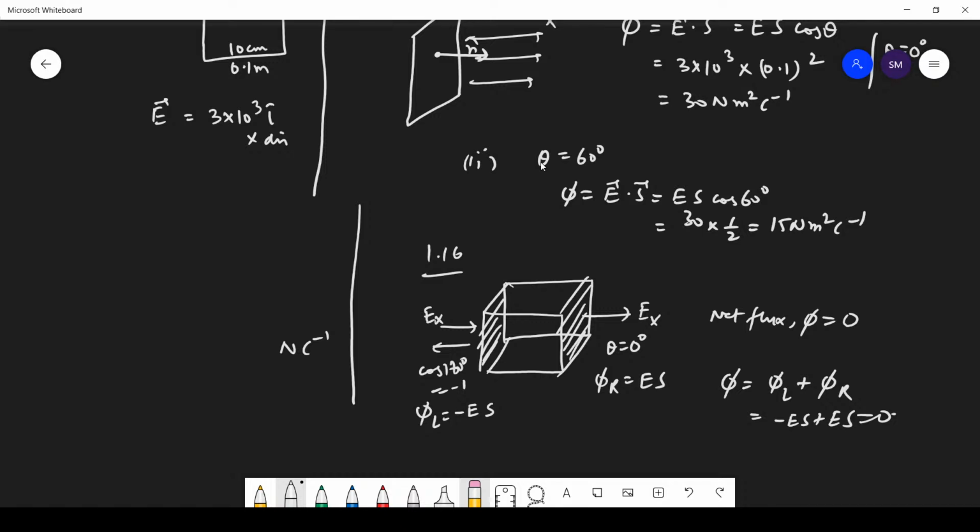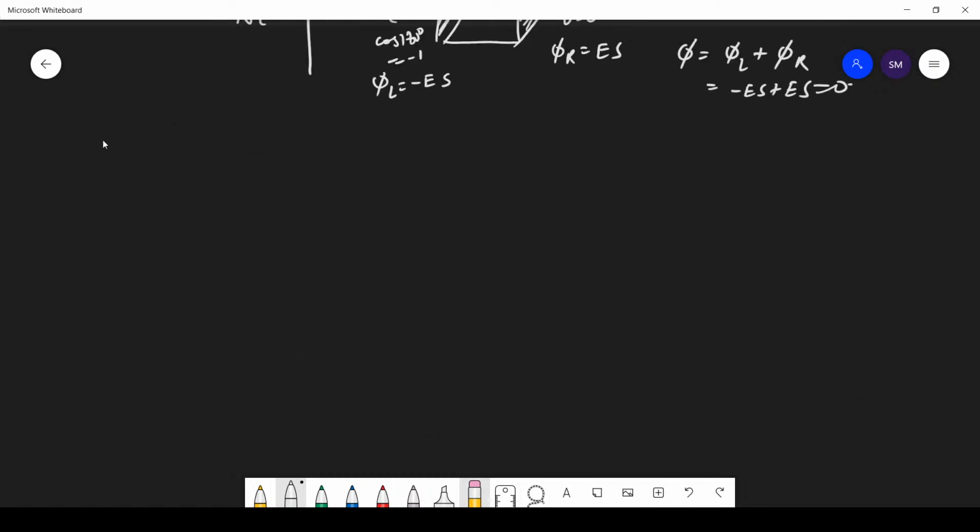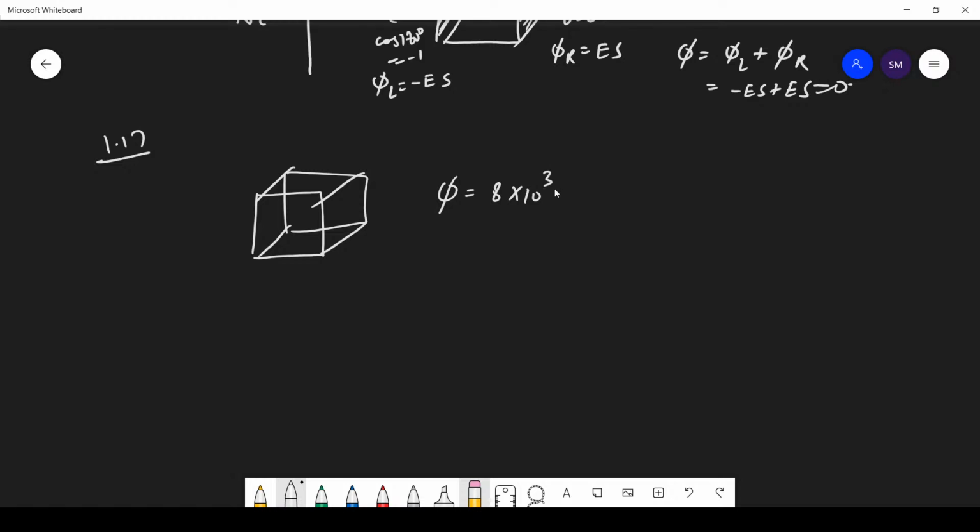Now 1.7. Careful measurement of electric field at the surface of a black box indicates that net outward flux through the surface of the box is 8.0 into 10 raised to power 3 Newton meter square per Coulomb.